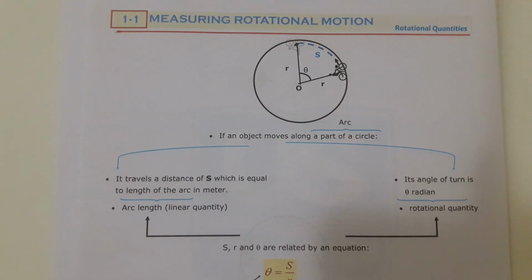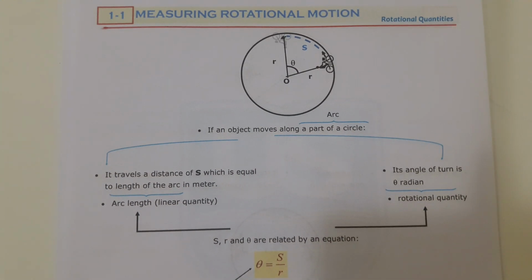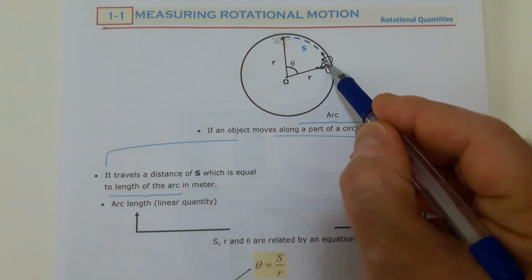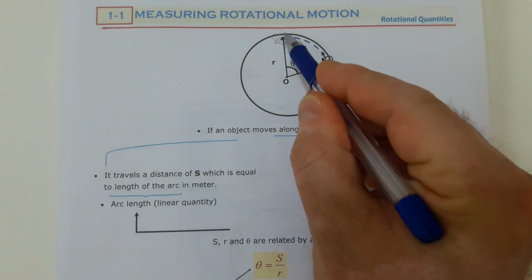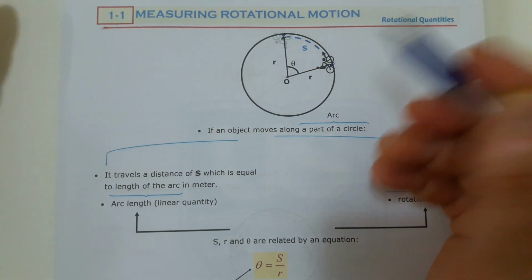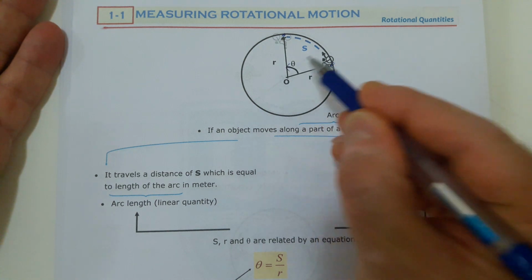And what if the object is moving not a full circle, not a semicircle, but a part of a circle? Like this bicycle starts from here and then moves there. It's just some angle. Angle of turn is theta.